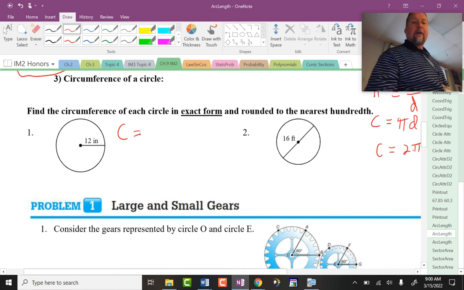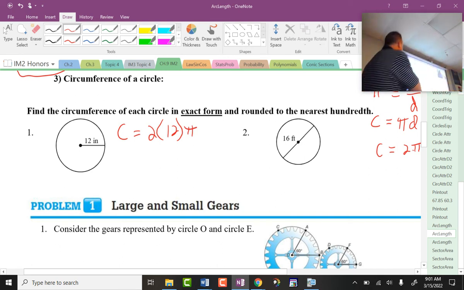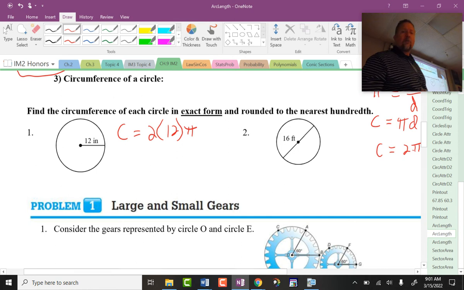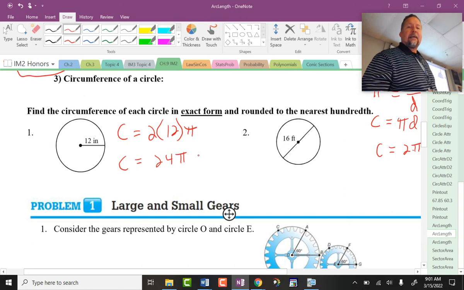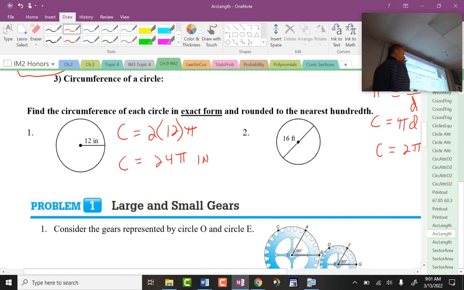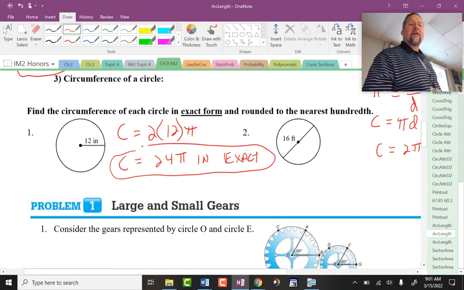We're going to do 2 pi r, 2 r pi, 2 pi r. Okay, but I'm going to do the r first. Notice it says exact form. So I'm going to do both. Get your calculator out though. This is in inches because it is a physical distance that I would walk around the circle. This is exact. When you leave pi in its symbol format, like it's a variable.